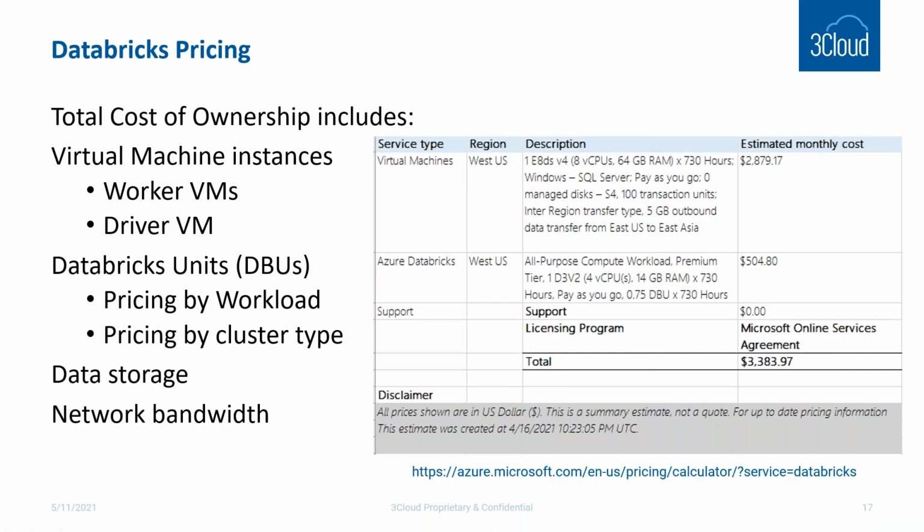But it does separate the cost, because the all-purpose compute workload for the Databricks system is one part of the cost, and then the VMs that you add for your workers are going to be another portion of the cost. And I believe that's either billed separately or shown separately.